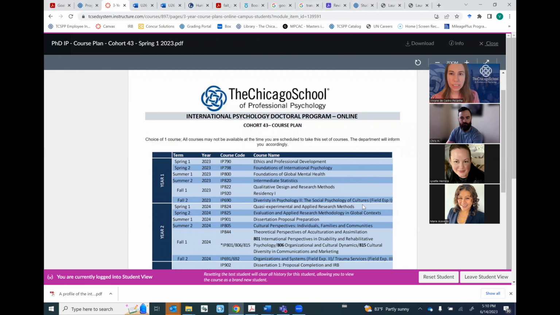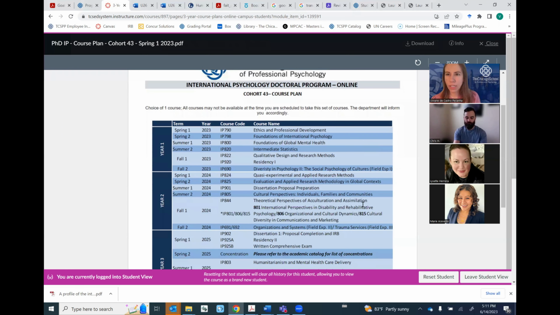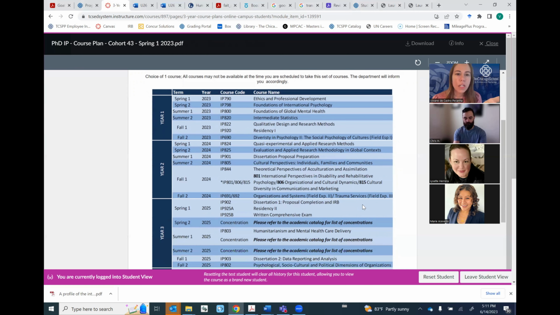So with this in hand, and if you did not take LOAs or withdraw from the program, you will be looking for the course IP 925B. Okay, that is the Written Comprehensive Exam.